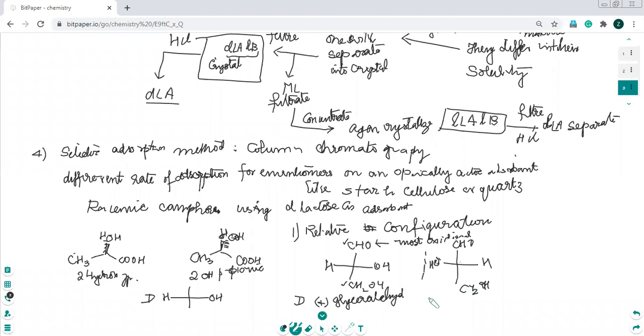This they designated as capital L. And of course, this will be having a negative rotation. That is doubtless. So the enantiomer of this is called L minus glyceraldehyde.